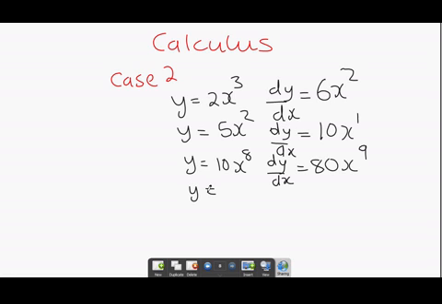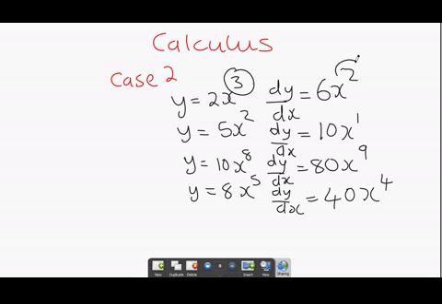y is equal to 8x to the power of 5. And now dy/dx is going to be equal to 40x to the power of 4. Now if you look carefully, when we were differentiating, that is finding dy/dx, the exponent changed from 3 to 2.